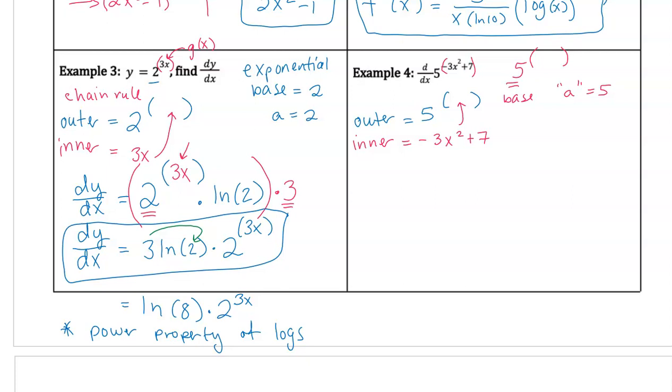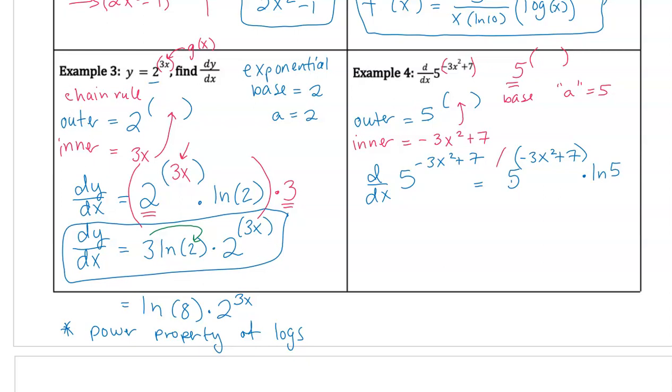So when I'm taking the derivative of 5 to a power, according to the exponential function rule, I would start by just repeating that. So it's 5 to the power, right? I keep my inner function intact. I don't change it at first. And then according to the derivative of an exponent rule, I'd have to then multiply by the natural log of that 5. So this is the derivative of my outer layer.